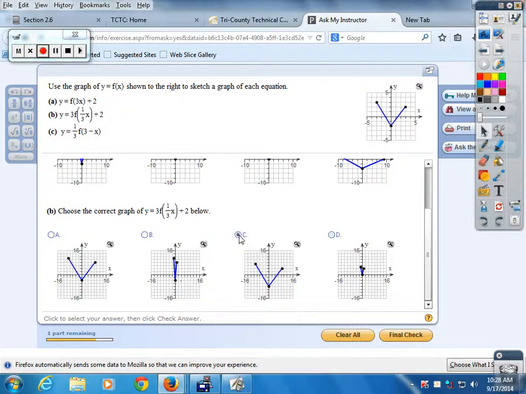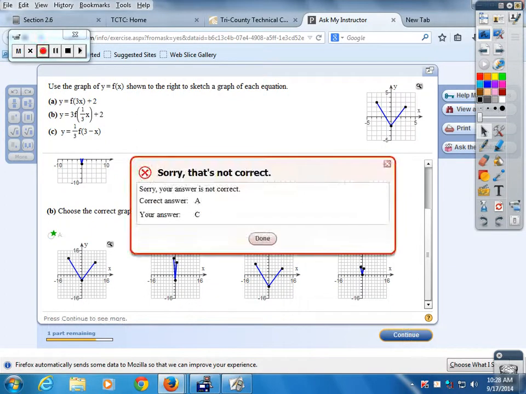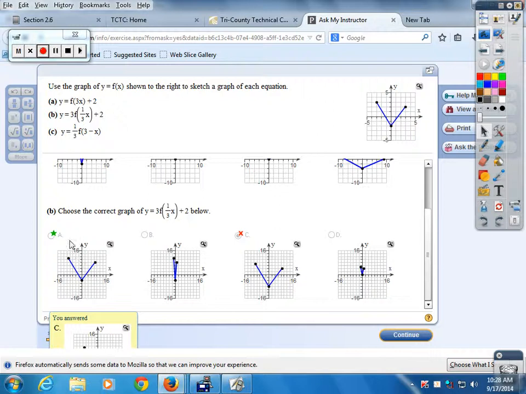I'll have to research this one. A. I was right. 3 and 1/3 cancels, so nothing happens to it. I was right there. But this is, oh, I see now, that's 4 too.